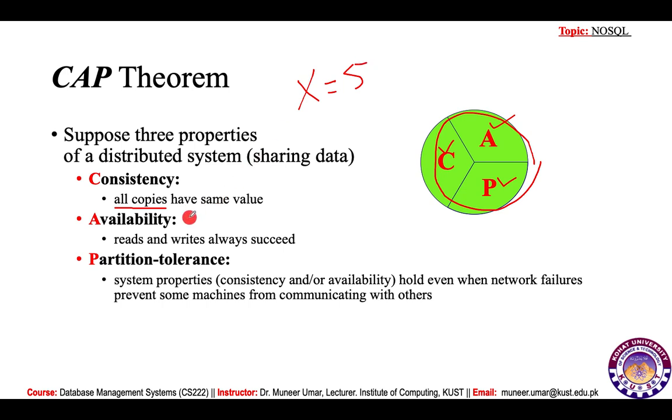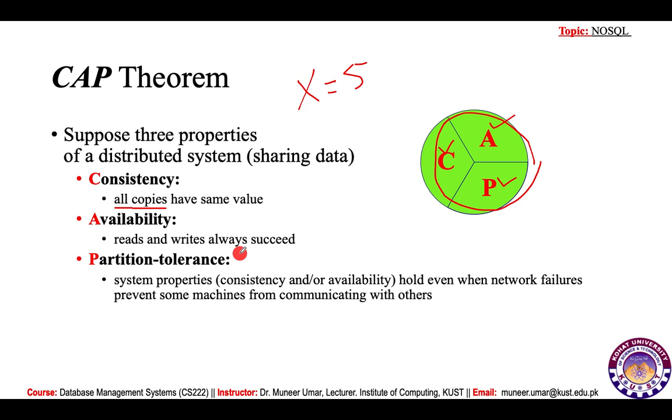Then the second thing is availability. By availability we mean that the system must always be available 24/7 to the user, and all the requests must be fulfilled. Reads and writes always succeed. And the third property of distributed systems is partition tolerance.